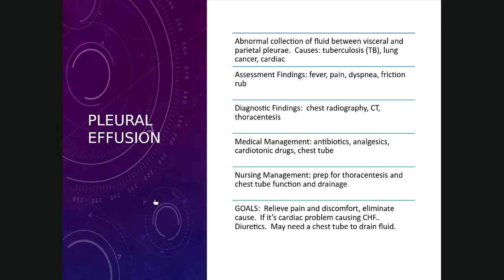You want to relieve the pain and discomfort. And as Ms. Conley notes on here, if it's a cardiac issue, such as heart failure, diuretics are going to be the best thing, but you also may need a chest tube depending on how advanced their edema is, or their pleural effusion is. Okay.